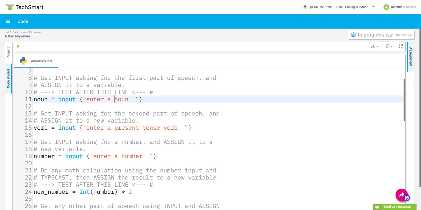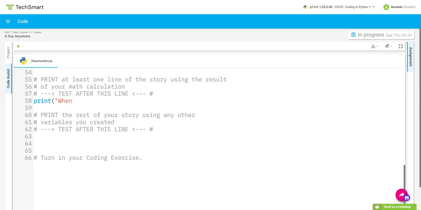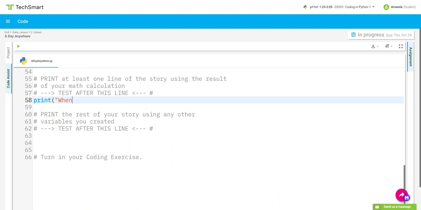Enter a... what if I said instead of proper noun, what if I said a person's name? Maybe. I don't know. I'm going to adapt. I'll see. Okay. So when, space, plus str noun, plus space got inside.